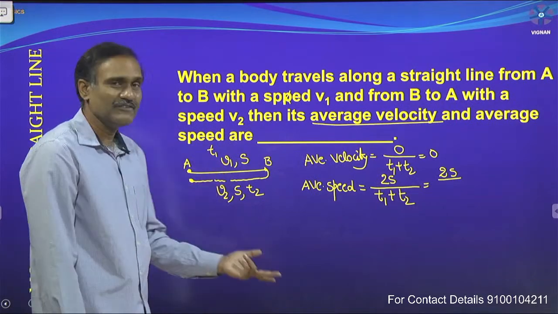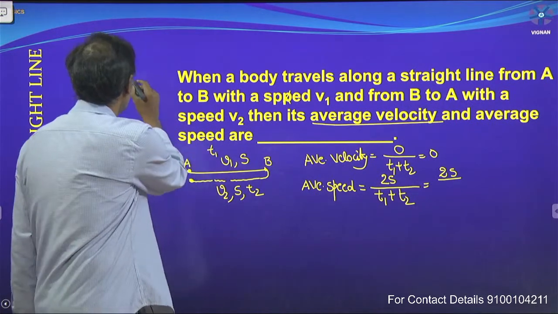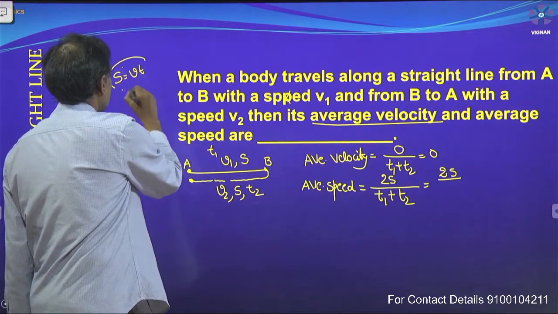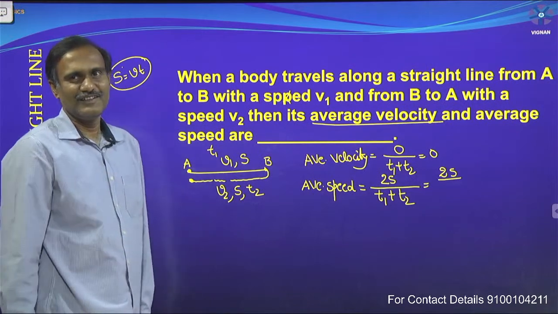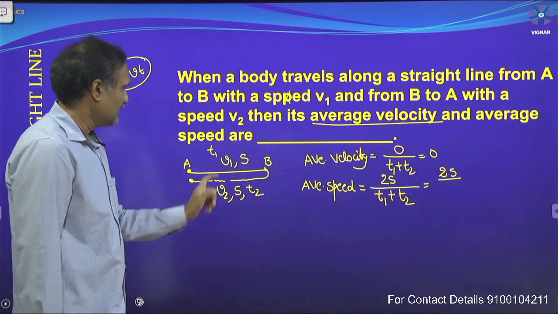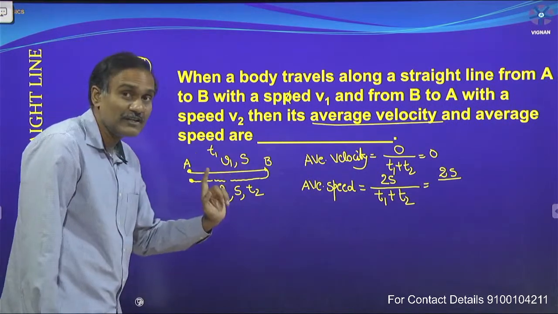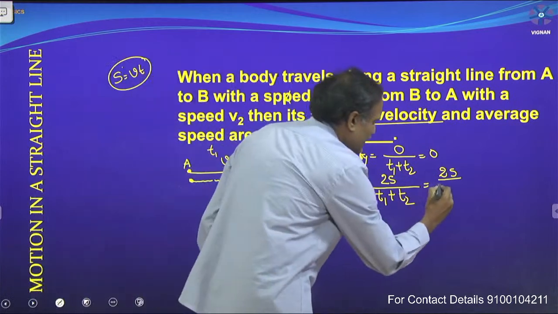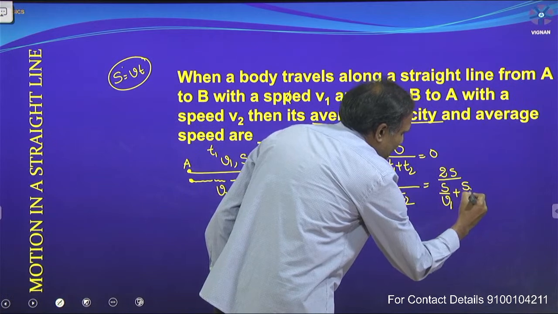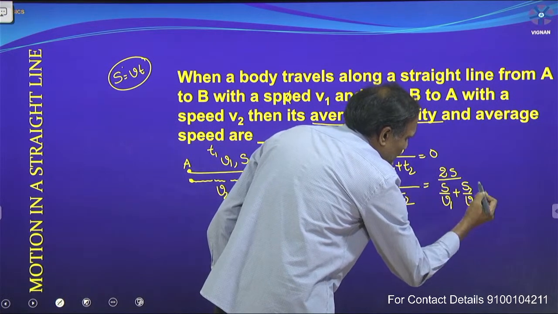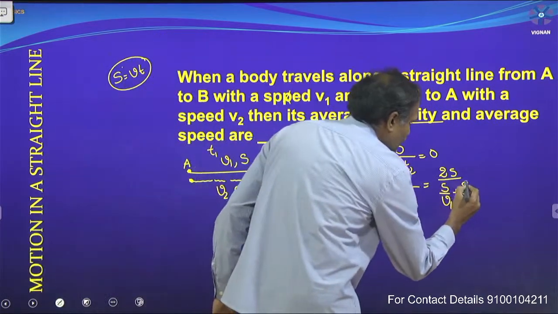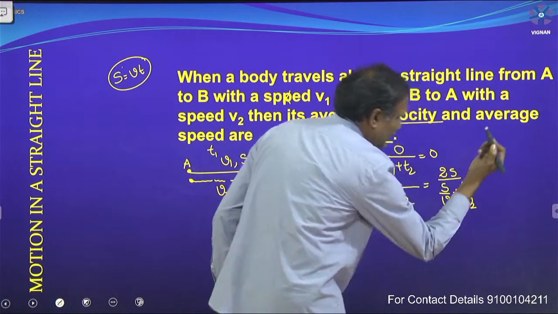Once again, 2s divided by t1 plus t2. What is t1 here? Already we know the formula s is equal to v into t, velocity into time interval. So here t is equal to s by v. So t1 means s divided by v1, and t2, similarly, is s divided by v2.